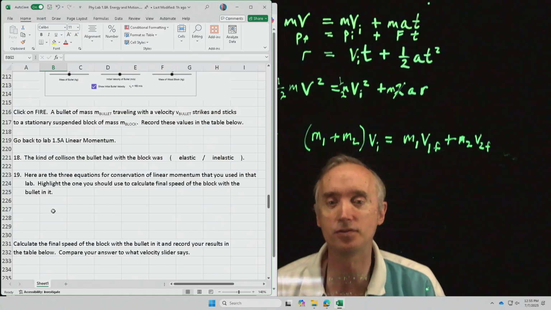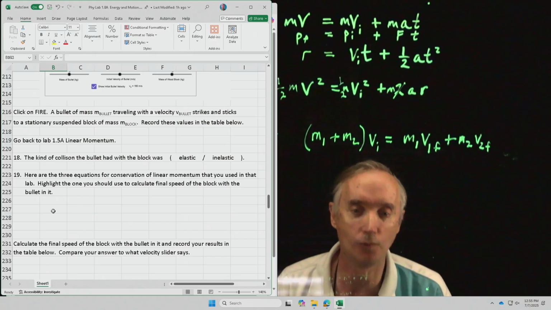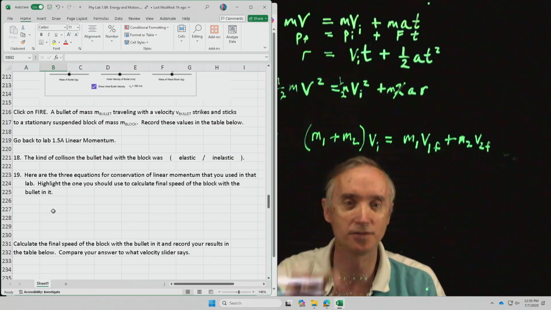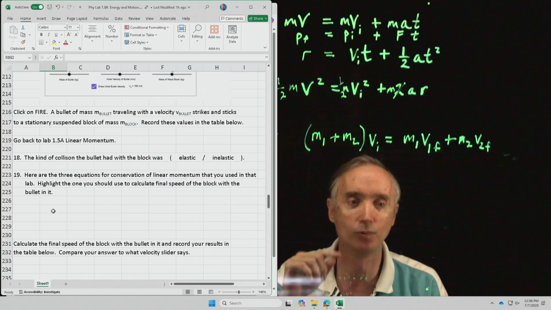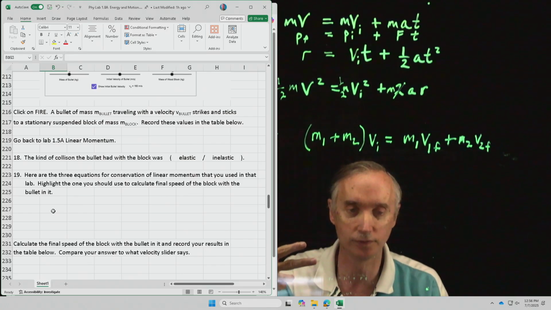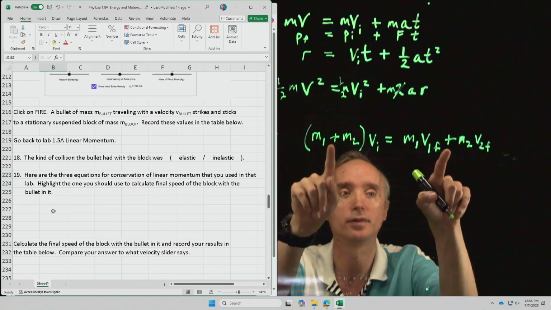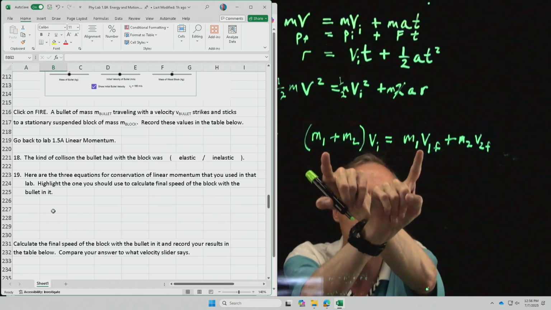Okay, then you had the two collision equations. Now I don't want to give it away, okay? It's not going to be this one, so you're not going to use that equation. You're going to use one of these other two. The next one is the opposite of this one, so we're essentially going to flip it over.